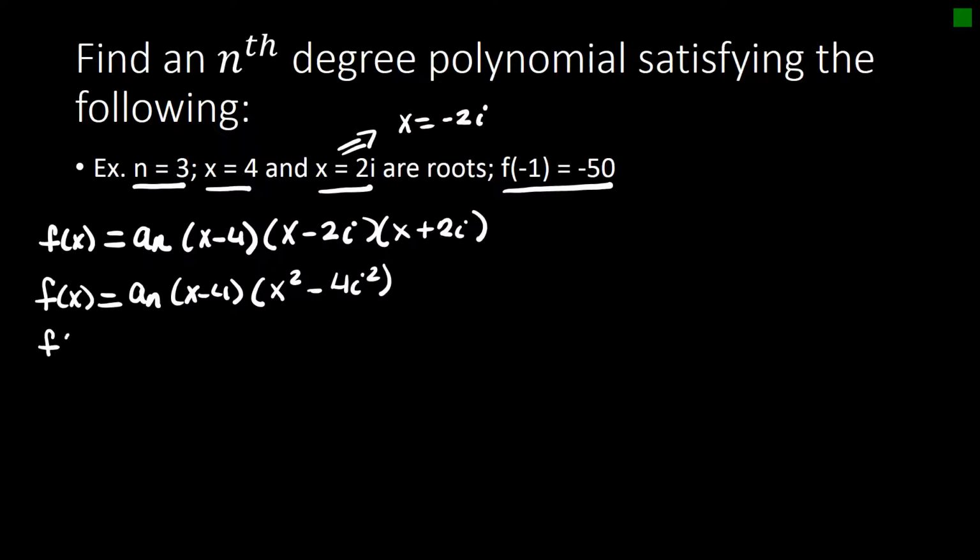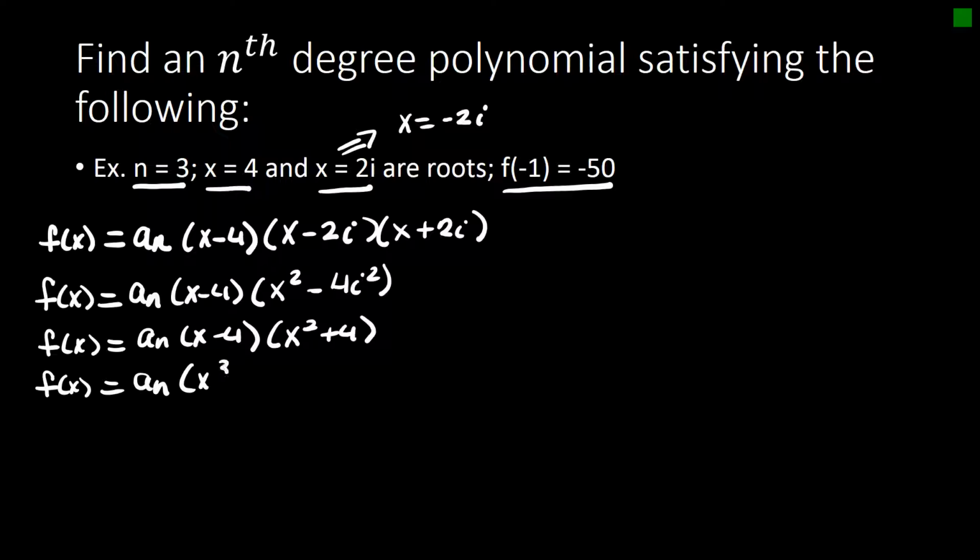Now remember that i squared is negative 1, so it's going to make this x squared plus 4. When we use FOIL on x minus 4 times x squared plus 4, we'll get x cubed minus 4x squared plus 4x minus 16.